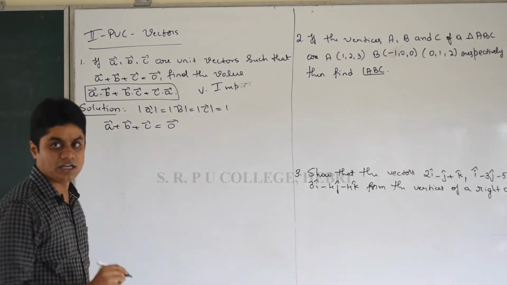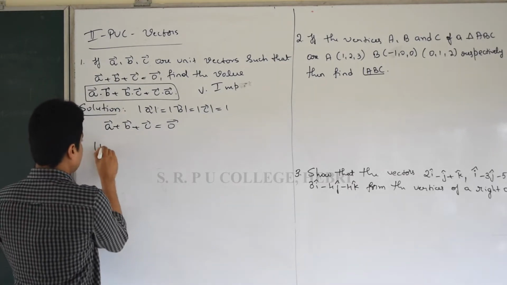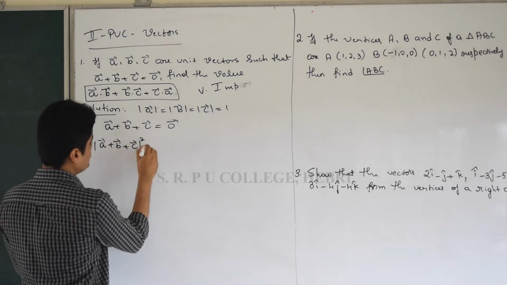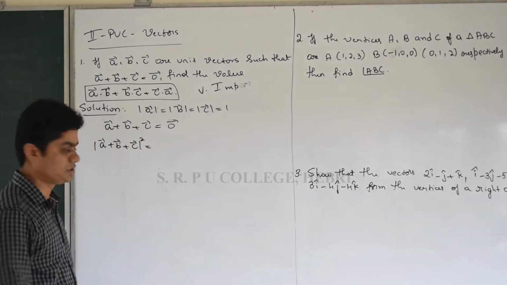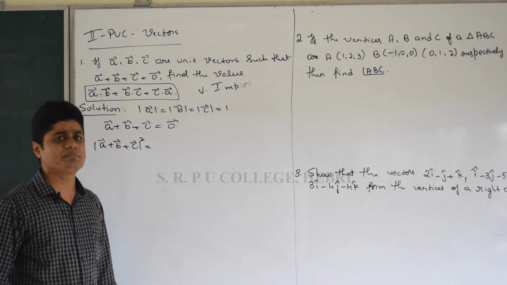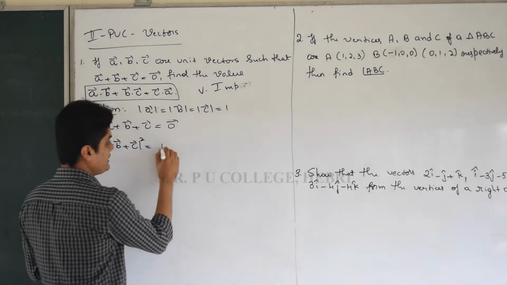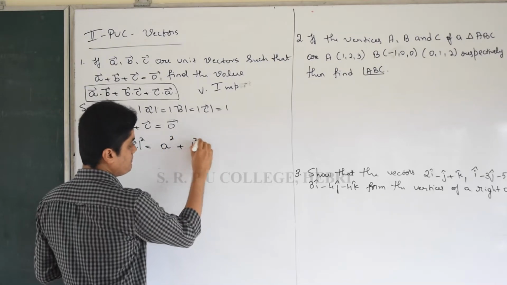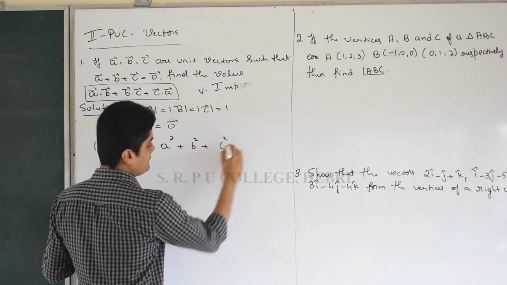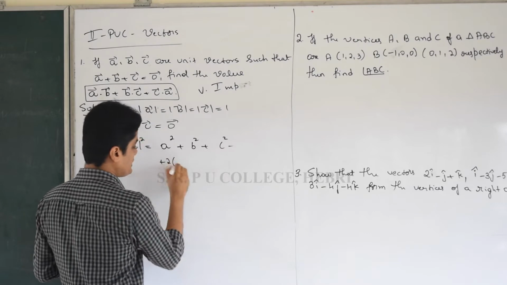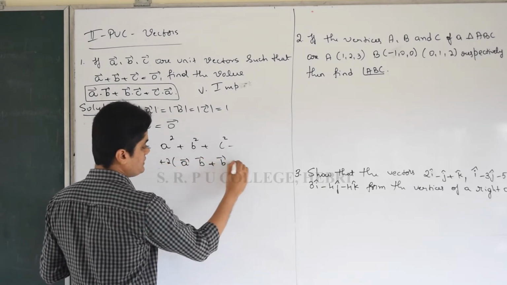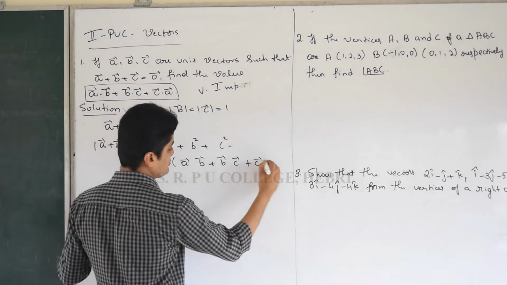Very simple. Observe carefully. I'll give you one result. Easy to remember, nothing to worry about, because you saw this type of result in algebra also. Do you remember what A plus B plus C whole square is? A square plus B square plus C square plus 2 times AB plus 2 times BC plus 2 times CA.